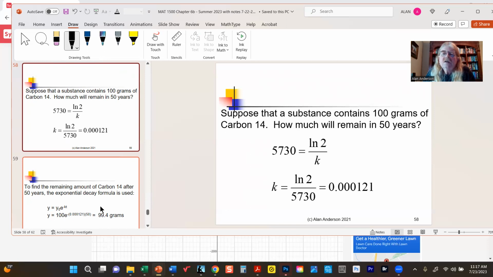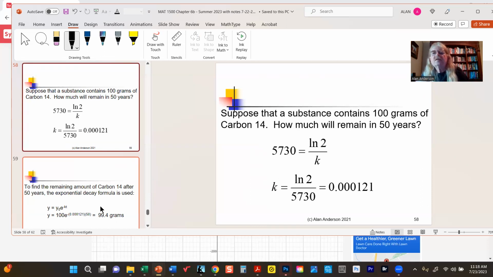Well, we know that 5730 is how long it takes to cut our radioactive carbon-14 in half. So we set that equal to this expression and solve for k, and that's 0.000121. What do we do with this?